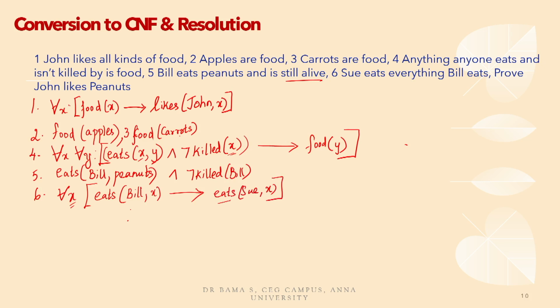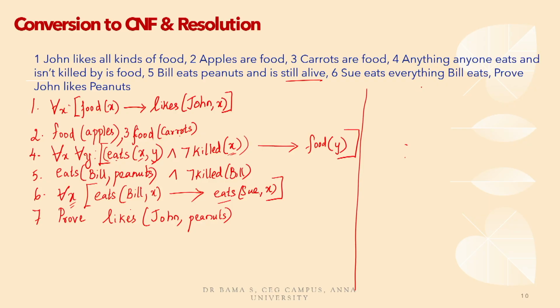And if you see this eats x y, eats Sue x, the predicate will be the same, and the order in which the person and food also is there, the argument within this, that also remain consistent with all the set of facts. Seventh, we have to prove John likes peanuts. So, it would be likes John peanuts. So, this is a set of predicate logic structure.